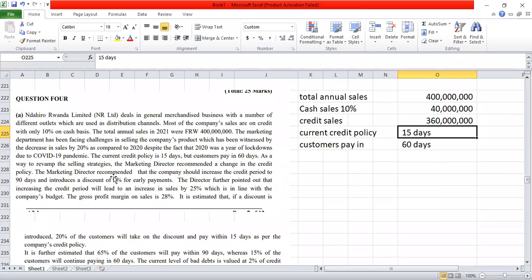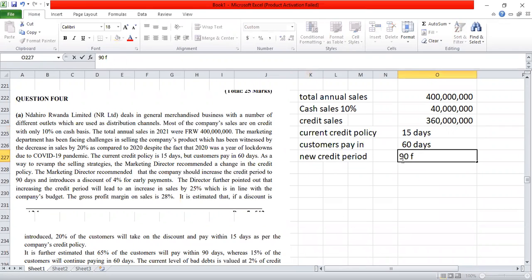The marketing director recommended that the company should increase the credit period, and the new credit period should be 90 days, and introduce a discount of 4% for early payment.